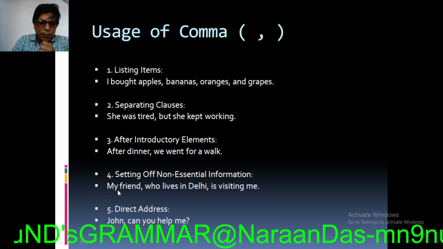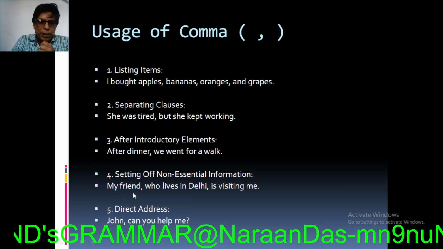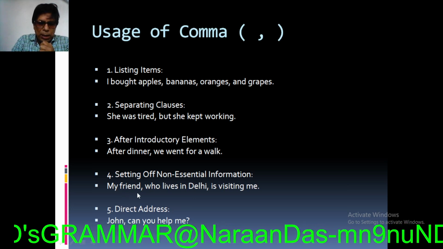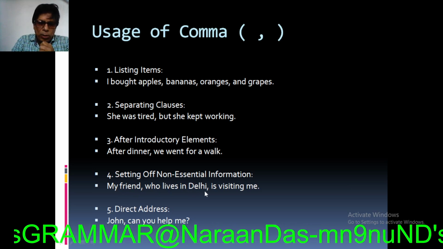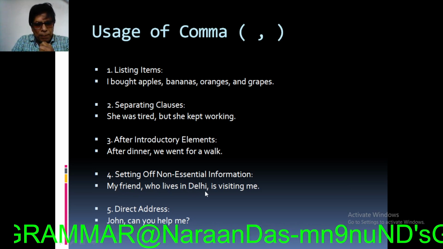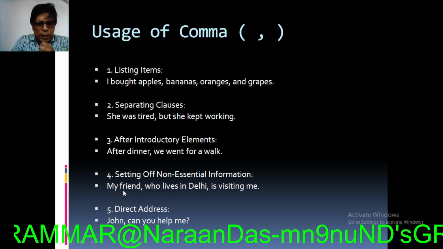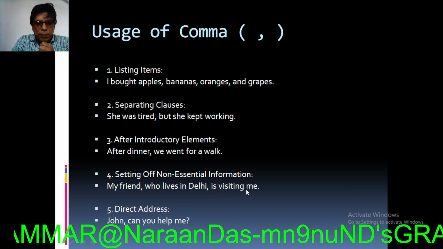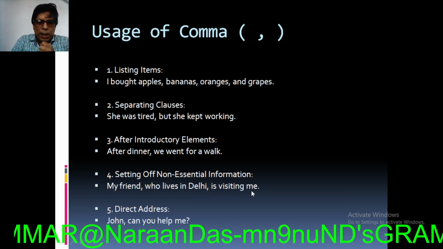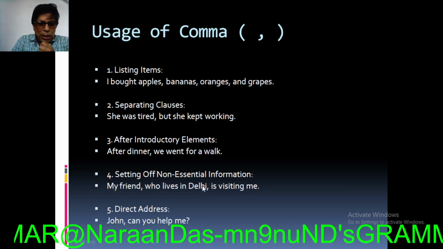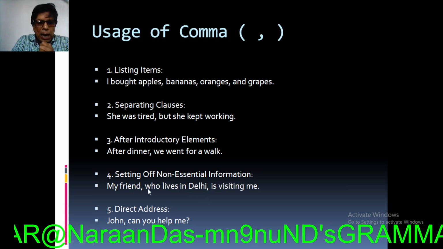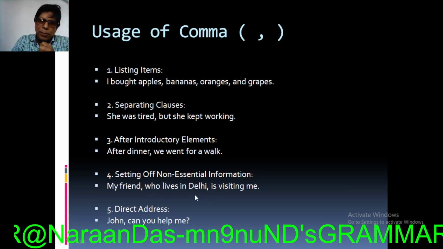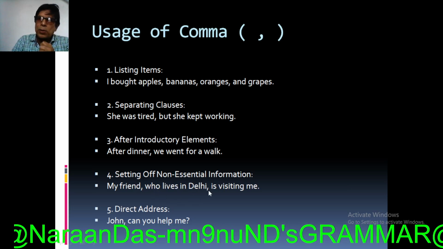Here my friend is separated by a comma, and who lives in Delhi is also separated by a comma. My friend is the subject, is visiting me is the verb and other parts. So who lives in Delhi is unessential here, therefore separated by commas.